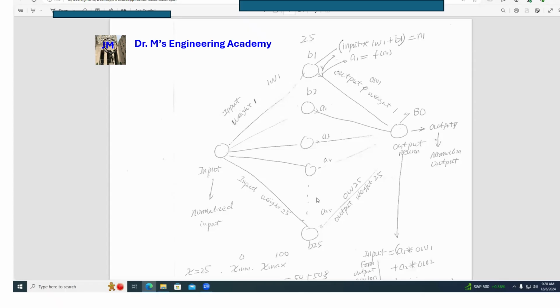It will be equal to a function of this NO. Here this function is also the tansig function. Questions over?